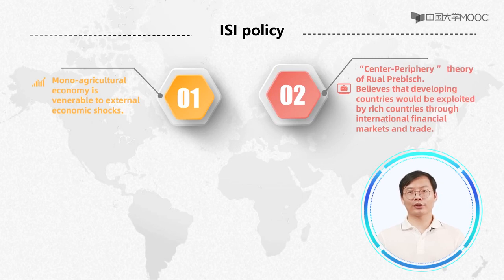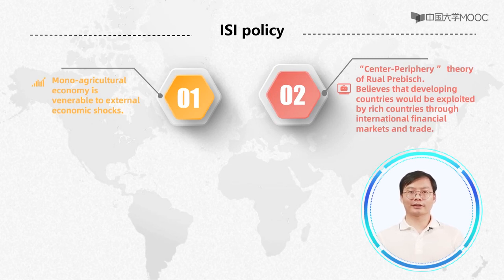When crises happen, mono-agriculture economies suffer the most. It happened to be the case for most Latin American countries after the Second World War, like Mexico, Brazil, Argentina, and so on. Center-periphery theory reflects the beliefs of ISI policy.